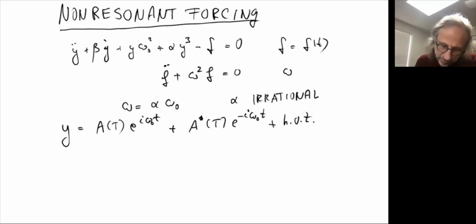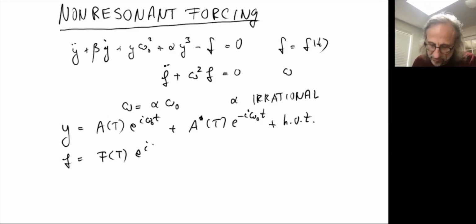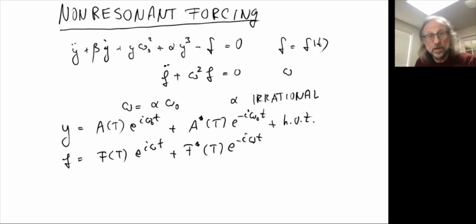Analogously, f of t will be some amplitude capital F, which could also depend slowly on time, why not, times e to the i omega t, plus F star times e to the minus i omega t, and no higher order terms, full stop, because this is just a linear equation.